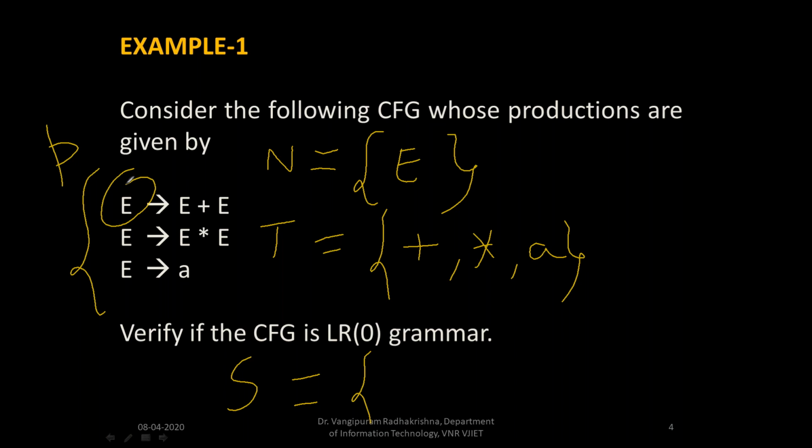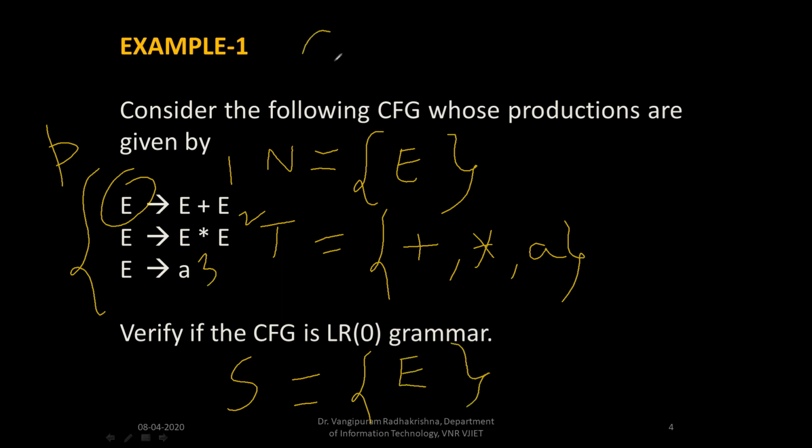Here the productions are E derives E plus E, the first production; E derives E star E, the second production; E derives a, the third production. Of these three productions, the symbol on the left-hand side of the first production would be the start symbol.